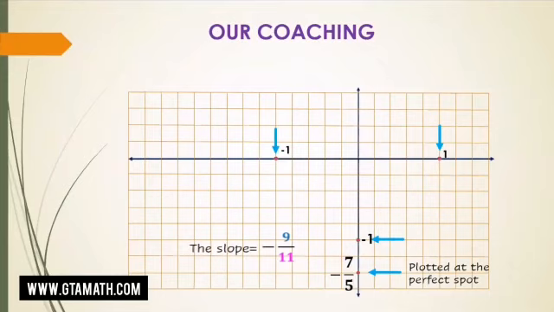The graph has a slope of negative 9 over 11. From the point negative 7 over 5, the run of 11 units goes to the left side. From the left, 9 units going up, and we get the second perfect point on the graph. Now connecting these 2 points gives the perfect graph through our coaching, where students don't need a calculator for this graph at all.